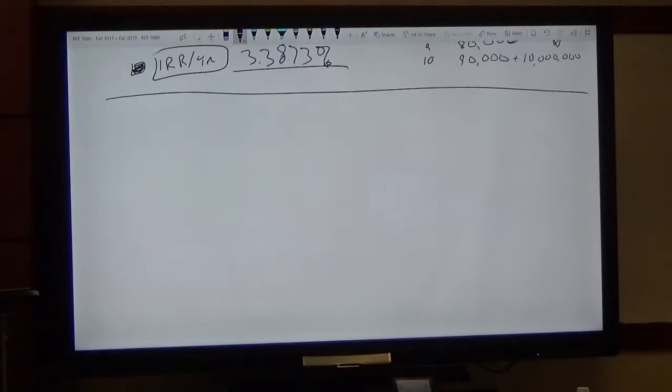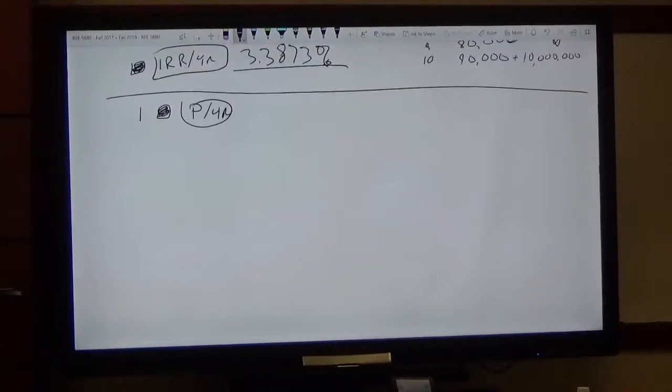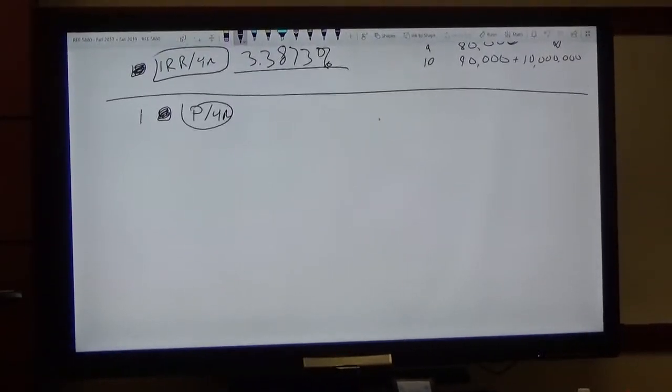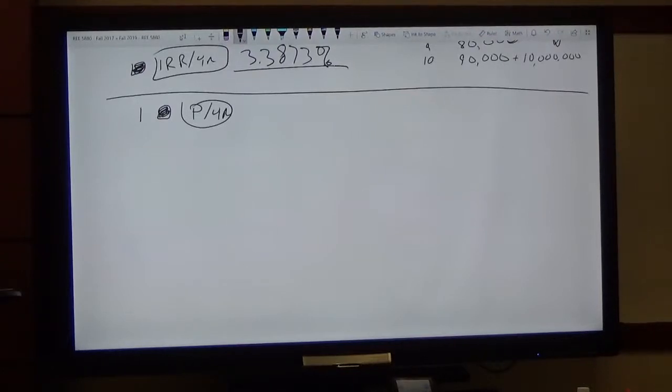All right, let's just do another relatively simple one. Okay, 1 payment per year. In this case, once again, what's our initial purchase price? Give me a purchase price, come on. 11.5. Thank you.